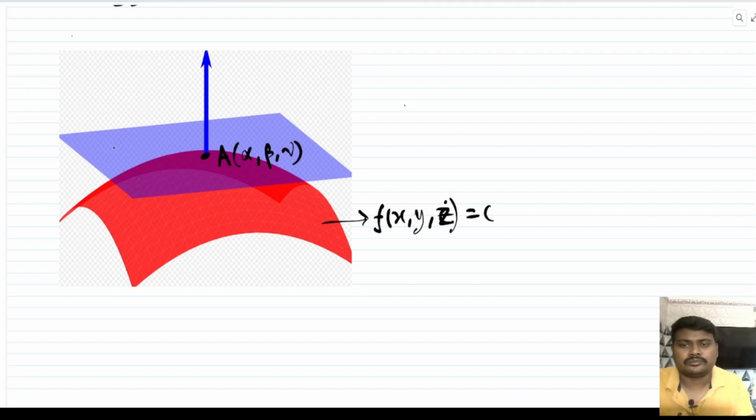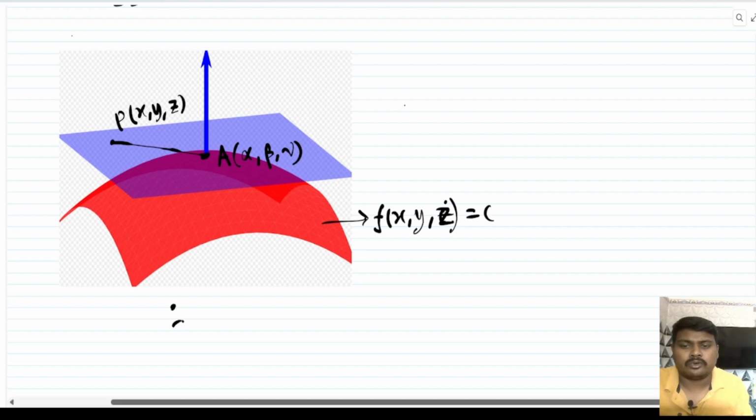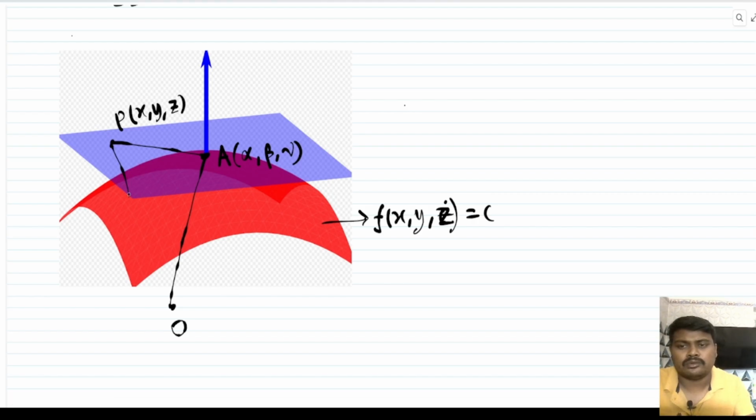So let us consider another point P on the tangent plane whose coordinates are (x, y, z), and we join the points P and A. Also let us consider this point as the origin O. We connect A and O, P and O. Also the blue line represents the outward normal vector.